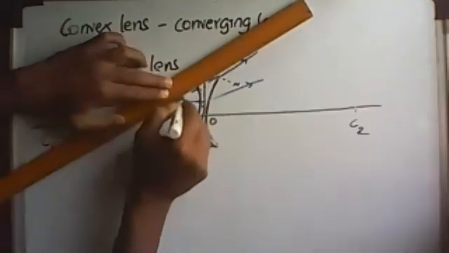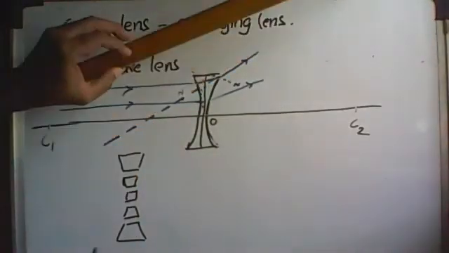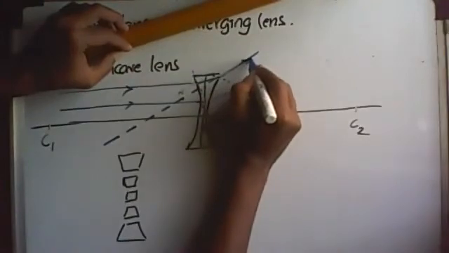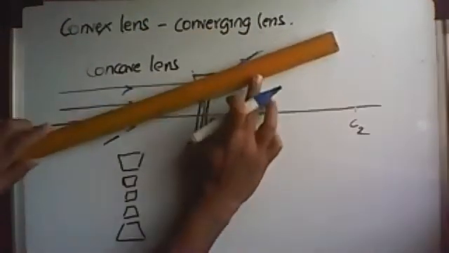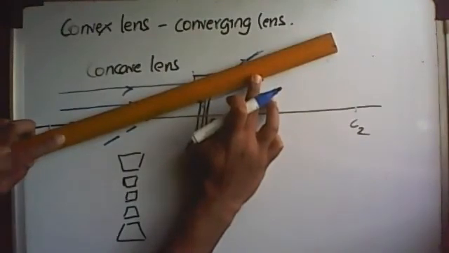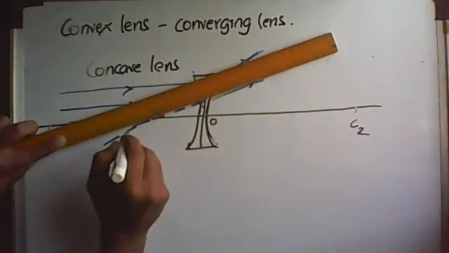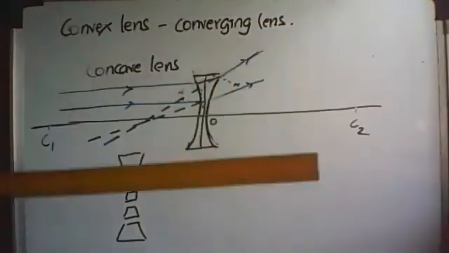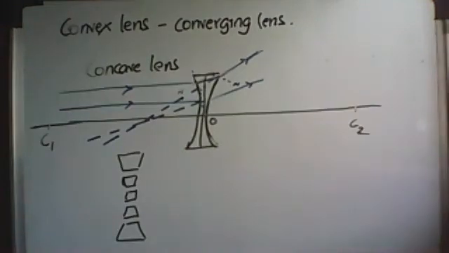And of course, because you are producing them backwards, you don't draw a solid line. A solid line is only used to indicate the actual ray that is passing through. So if you are going to indicate the path of the ray when produced backwards, you have to use dotted lines. Okay, that's a cardinal rule of geometric optics.